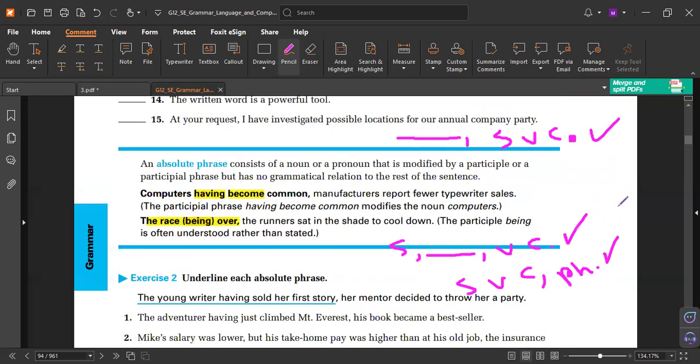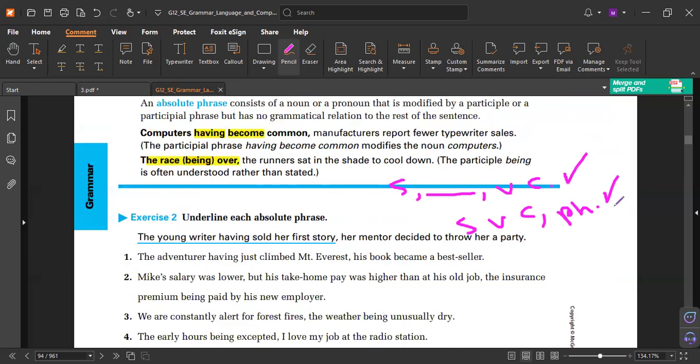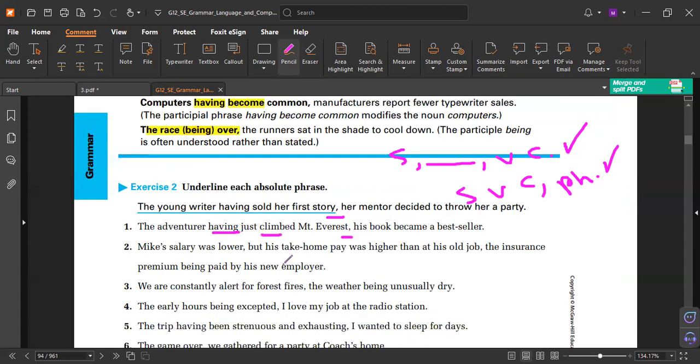No problem. Look at the beginning, comma. Look, having plus past participle, being plus past participle preceded by comma. That means this is your sentence only, and the rest I don't care. It's an absolute phrase.